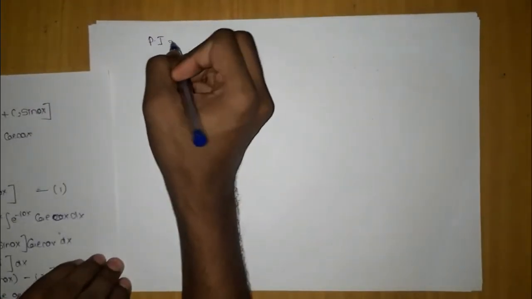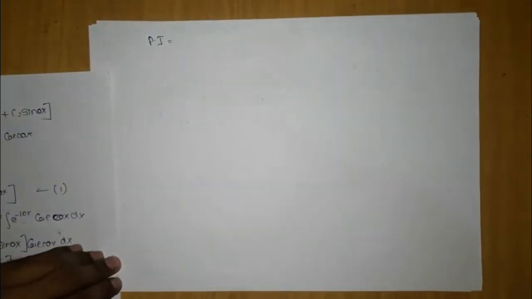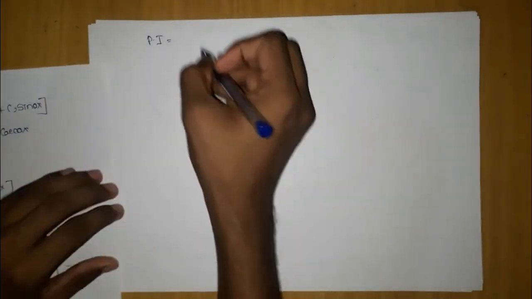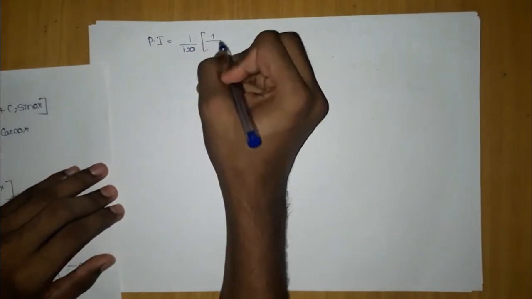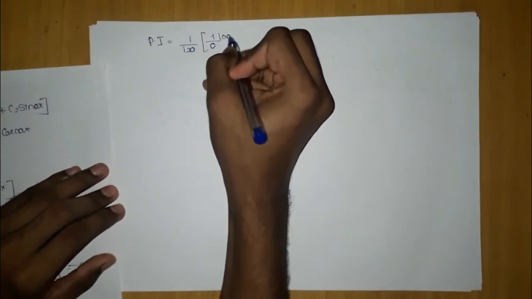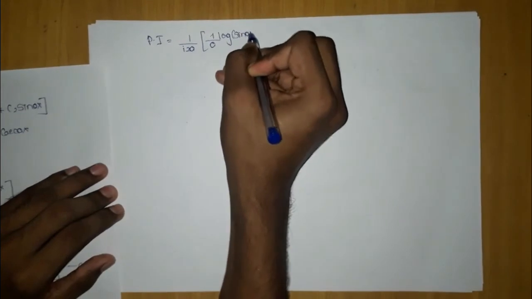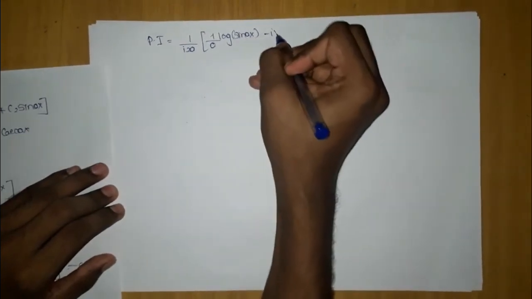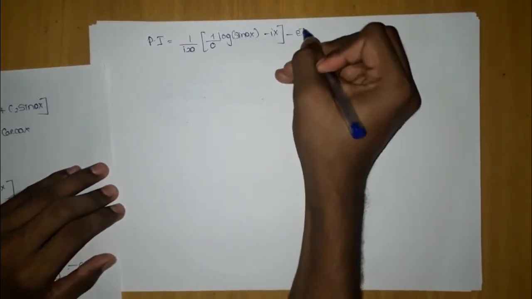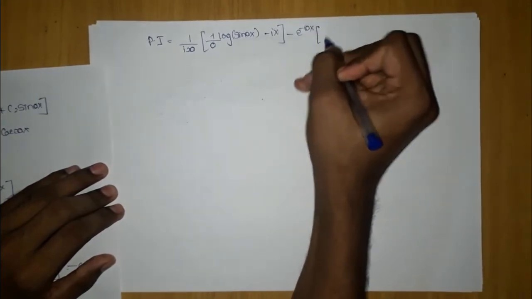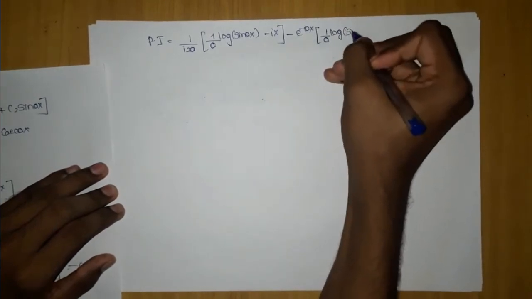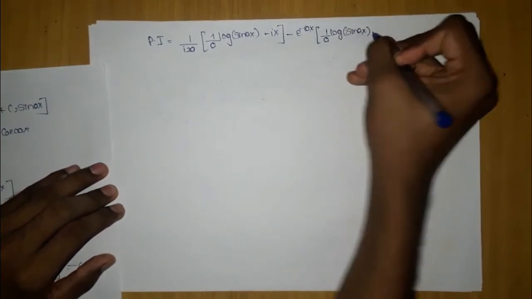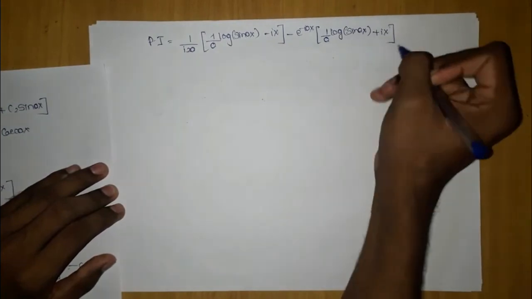Now you can get your particular integral final, which is very simple. Your particular integral final will be 1 by 2ia, bracket close, e to the power iax into 1 by a log sin ax minus ix, bracket close, minus e to the power minus iax into 1 by a log sin ax plus ix, bracket close.